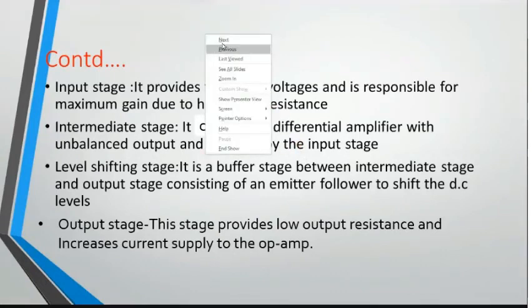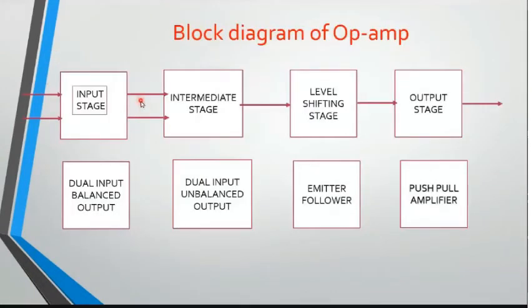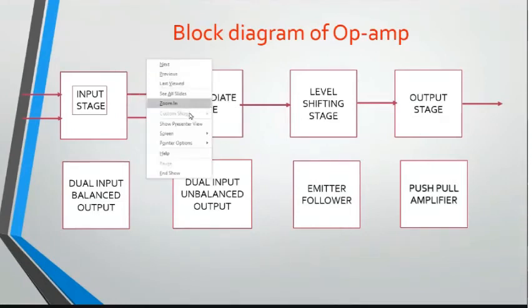Now what does this mean? Let us see. Now here, the intermediate stage, as I told you before, has dual input and unbalanced output. Okay, so here suppose you have the voltages V1 and V2.